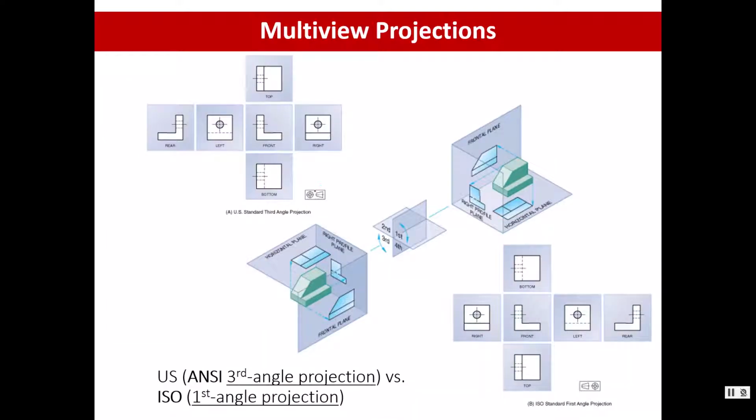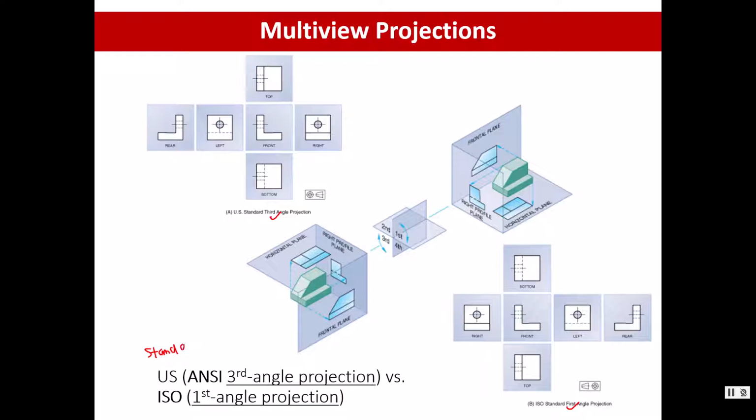However, when it comes to the arrangement of the views, we have two types of projection. One is called third angle, and the other one is first angle projection. The difference between both is because of the standards.